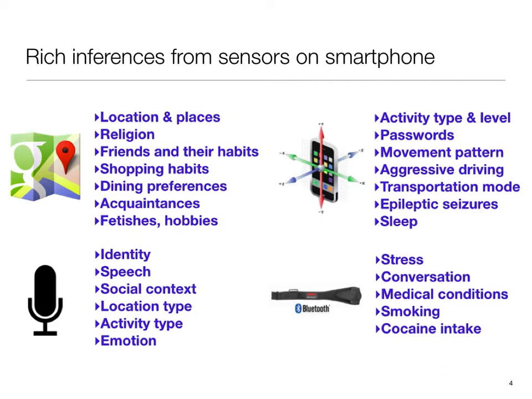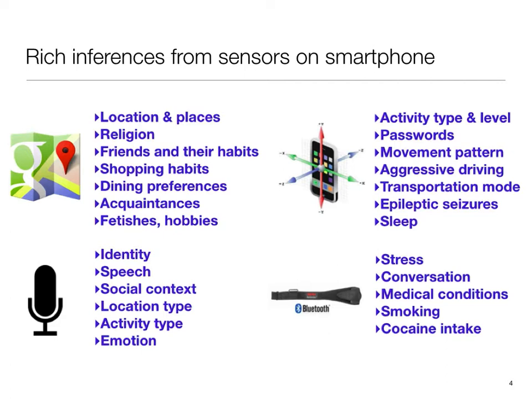So, for example, from your location, you could make inferences about not only the location and places, but the religion, the friends and habitats, your shopping habits. There's no privacy nowadays. And even with acoustic, you could perform identity checks, speech, social context, your location type. And obviously with IMUs, you could do human activity recognition.